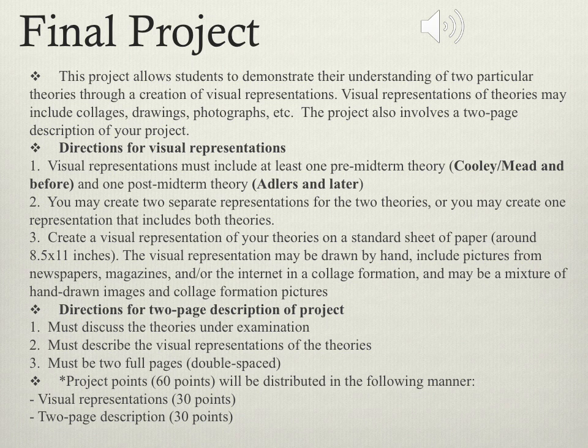You can also take a picture of it with your computer or with your phone, any way you could take a picture, and then upload that to a computer. Then you can upload your document to our D2L site. If you have any questions about uploading the project, let me know.